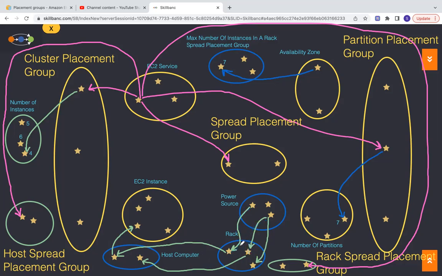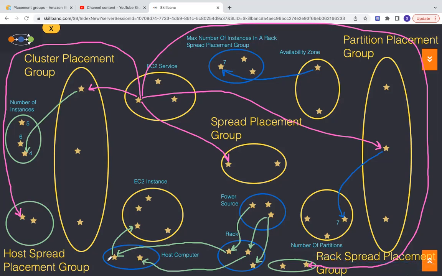So depending upon how badly you want your application to be running and will not affect your revenues, you will decide which placement group you want to use. These are the placement groups. So if you want rack spread, that means your instances should be on different racks, then you choose a rack spread placement group.